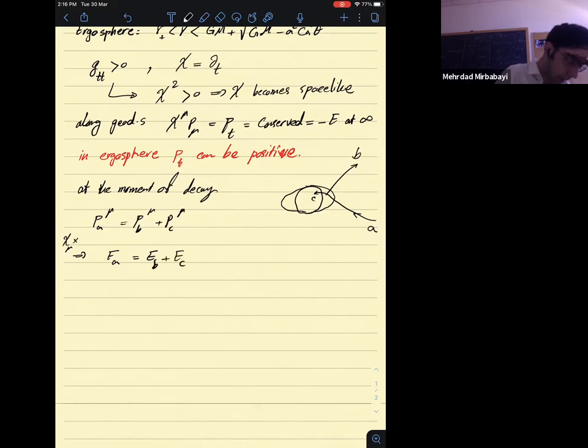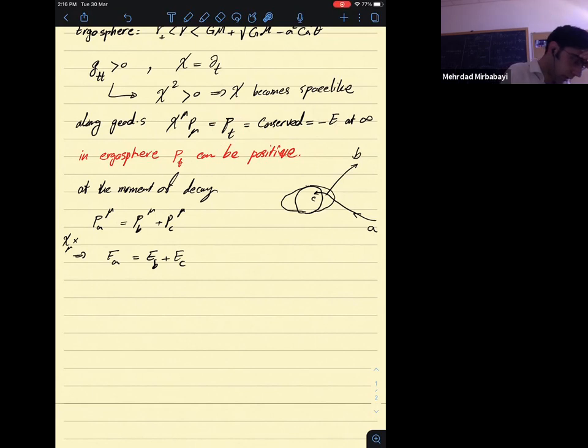But now, since this PT can have either sign, and remember PT is minus E, where E is just what I call energy from the perspective of the observer at infinity. So since PT can be negative, can be positive, this E can be negative.